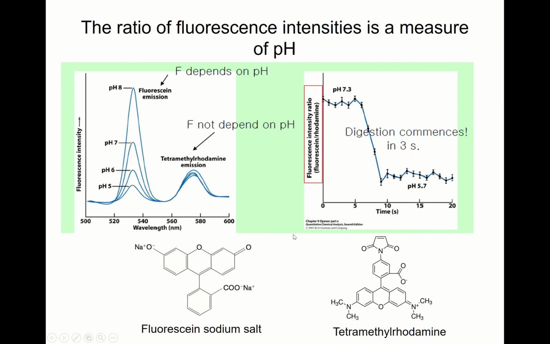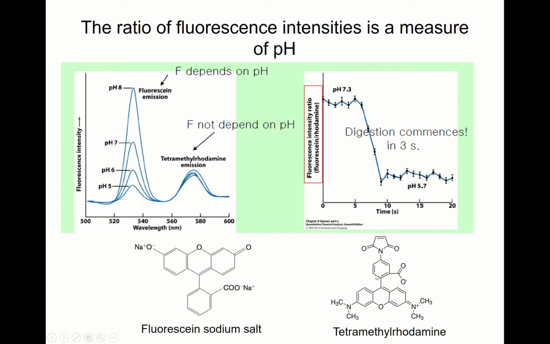What kind of fluorescent dyes can be used? There are two types of fluorescent dyes. One is fluorescein, a rather big molecule, which has the property of emitting fluorescence. The other one is tetramethylrhodamine, which also emits fluorescence.